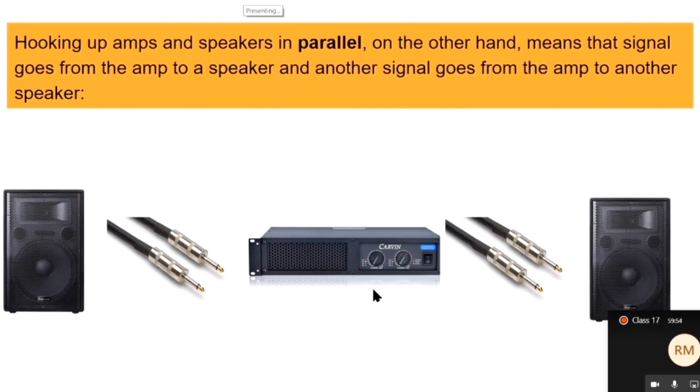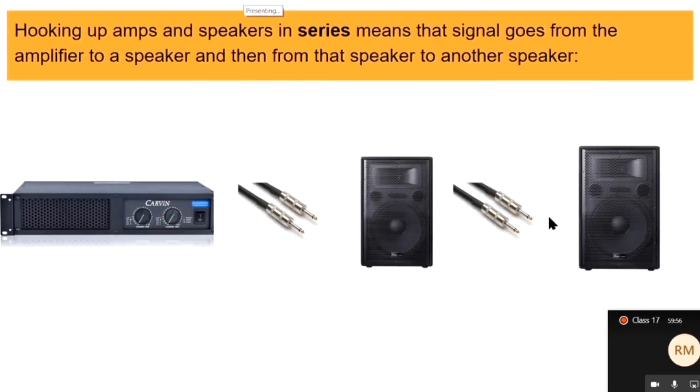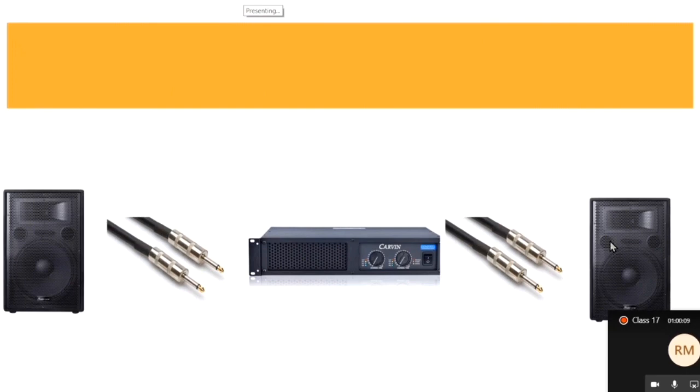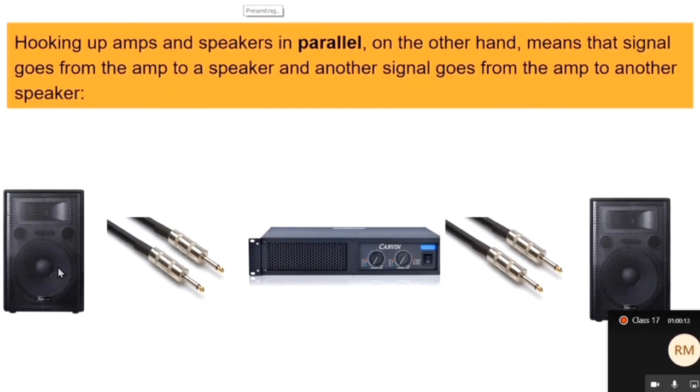Makes sense. The electricity has to perform a duty in this speaker, and then it's all tired out from performing that duty. It's like, oh man, I still got to go to this speaker, right? So that's more resistance, greater ohms. Whereas in the parallel circuit, the electricity just has to go to one speaker, do one job, and it's all done. And on the other side, it just has to be sent out to one speaker. It does its job, and it's all done.